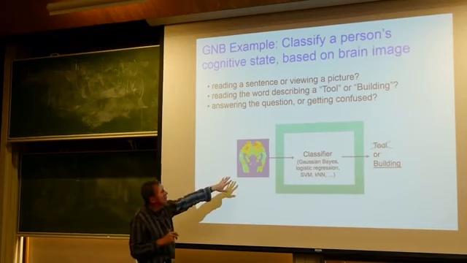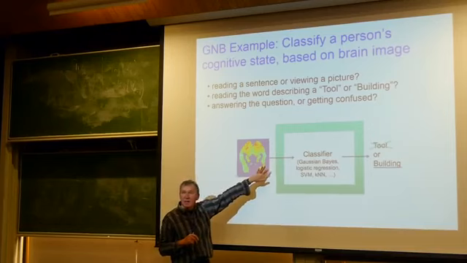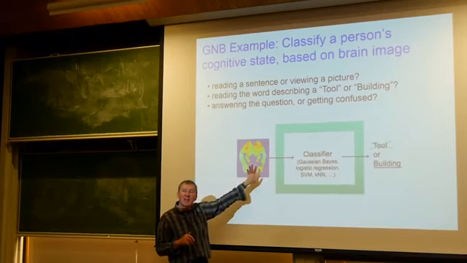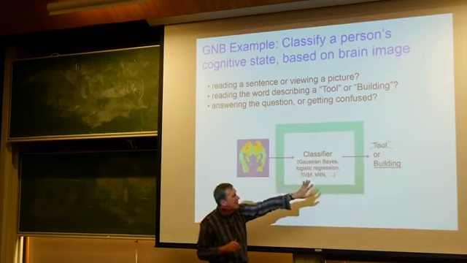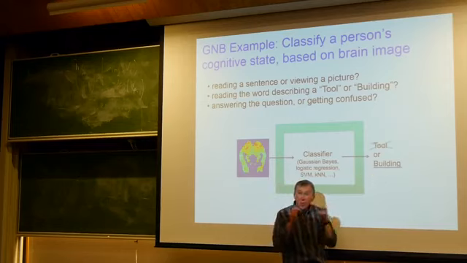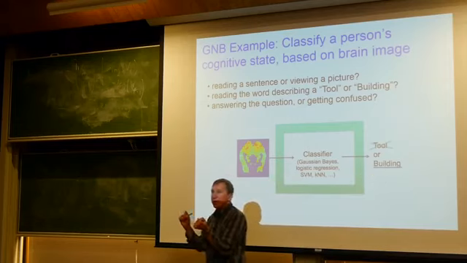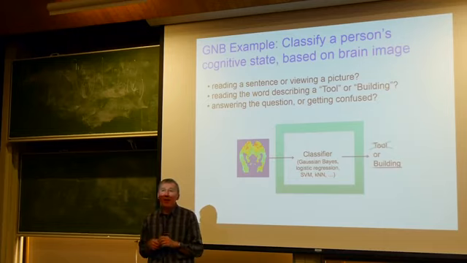So for example, we have used it quite successfully to classify brain images according to which word the person was reading at the time that we took the brain image.